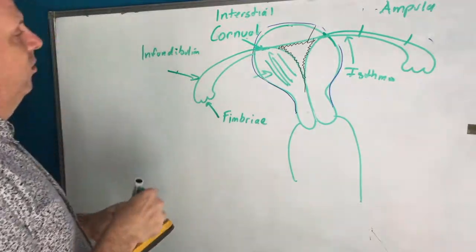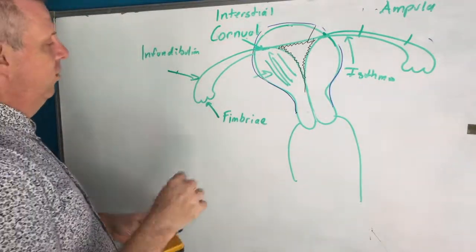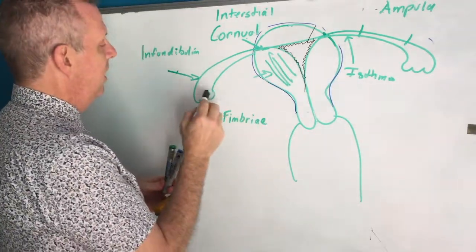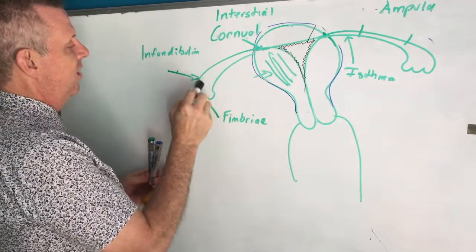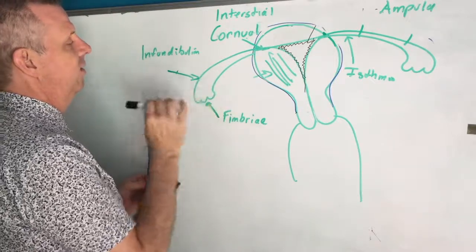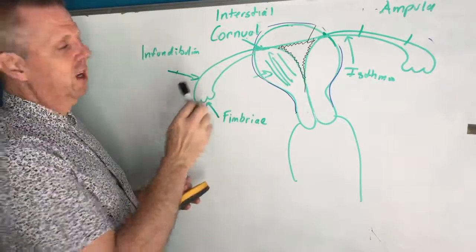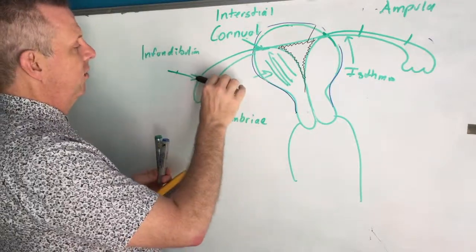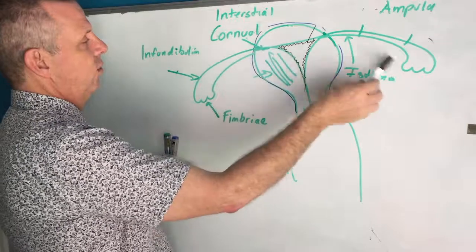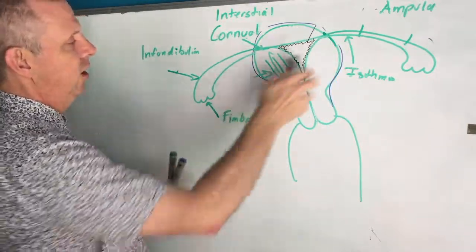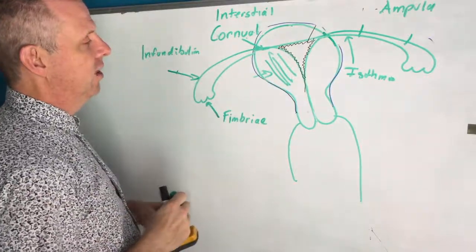Now, the reason for these different anatomies or different terms is when the egg is released, it's collected by the fimbria, and fertilization happens in this area here, in this infundibular area. It waits there for a few days, and then when it's finished being fertilized, it then on day 4 moves along through the ampulla and into the isthmus and into the interstitial part, into the endometrial cavity.